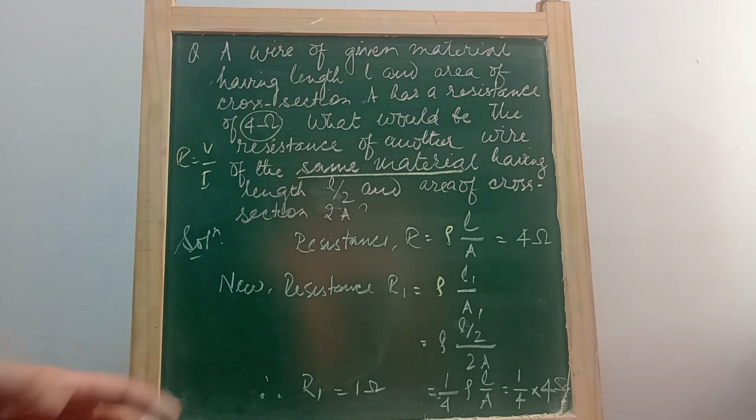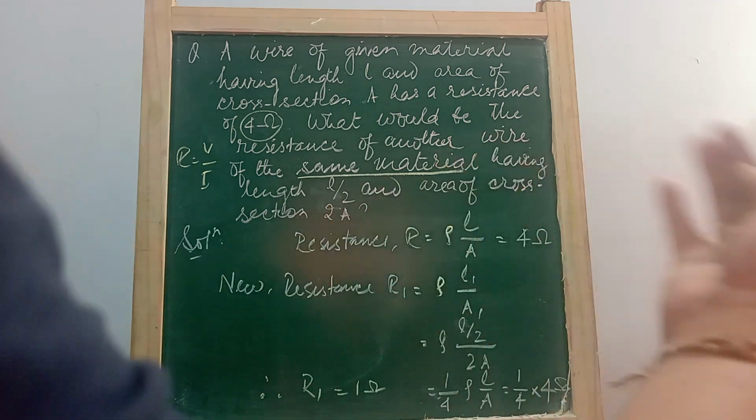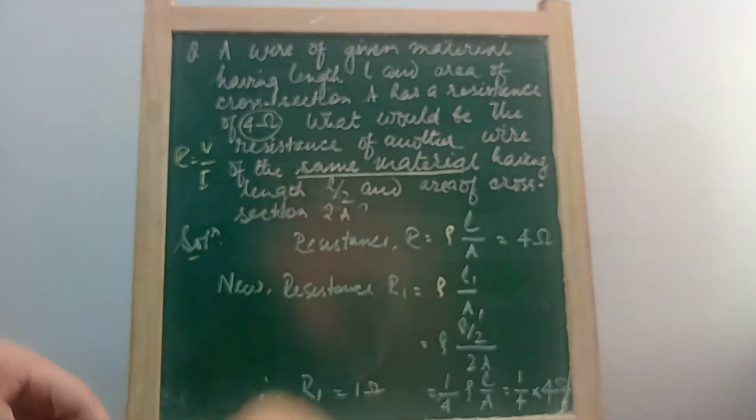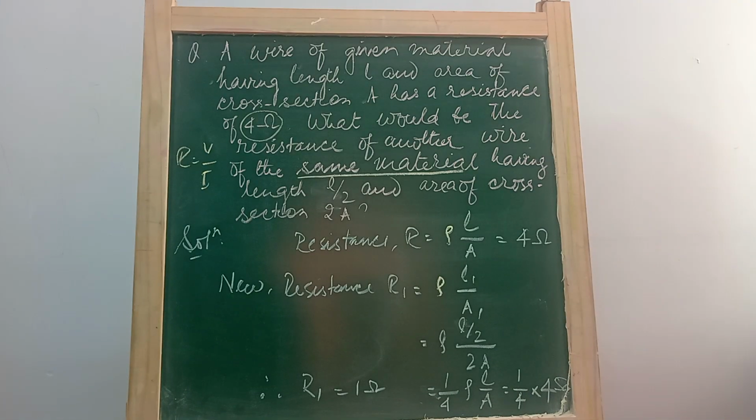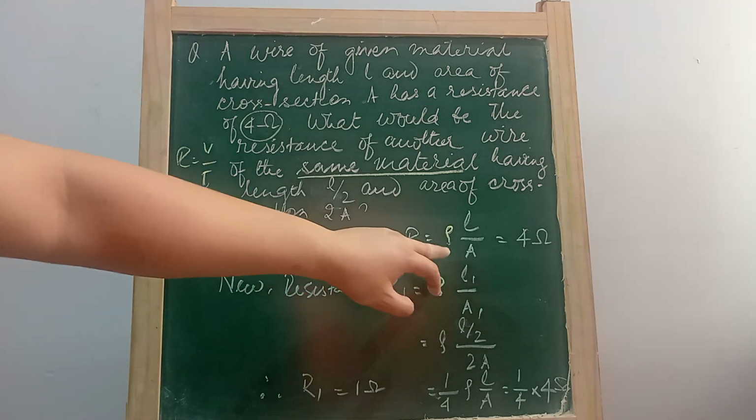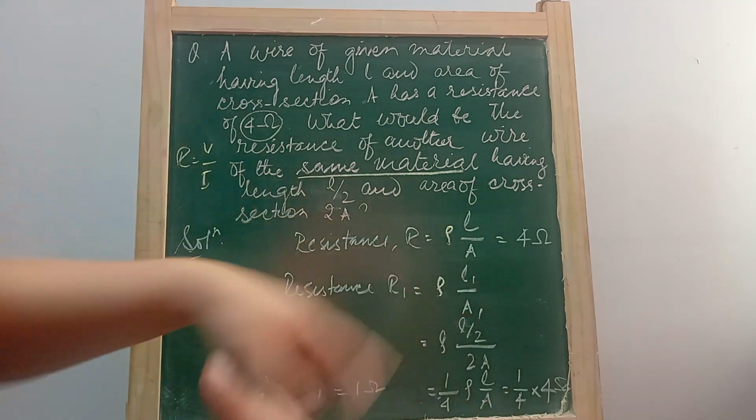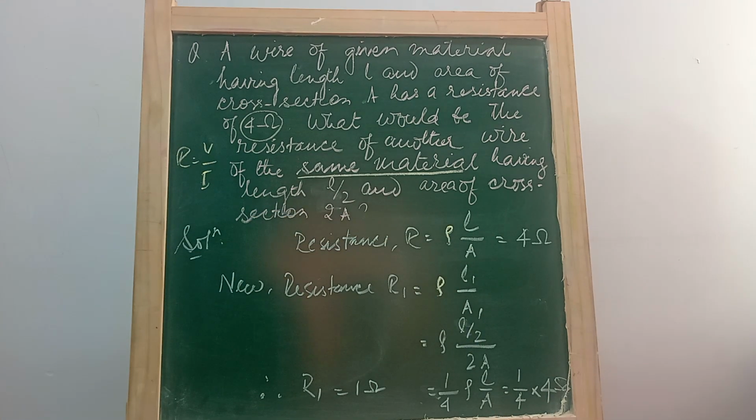So what is the relationship between the resistance of a material, its length, and the area of cross section? The relationship is resistance R is equal to rho L by A, where rho is known as the resistivity of the material at that particular temperature.